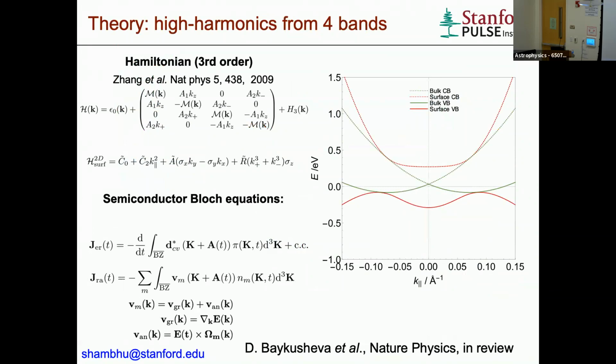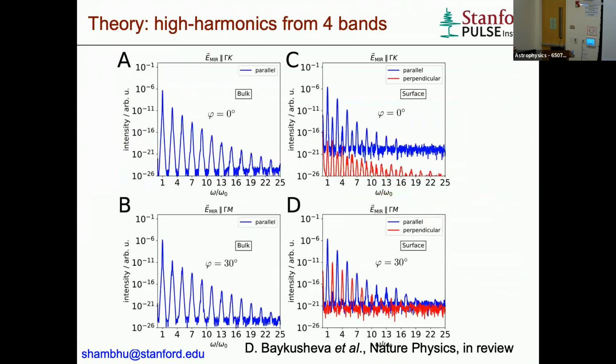Basically, I'm not going to go through all the details, but this is a 4-band model where 2 bands correspond to the bulk and 2 bands to the surface, and we can solve semiconductor Bloch equations by selecting these bands, and we can calculate what is the contribution from the surface and what is from the bulk.